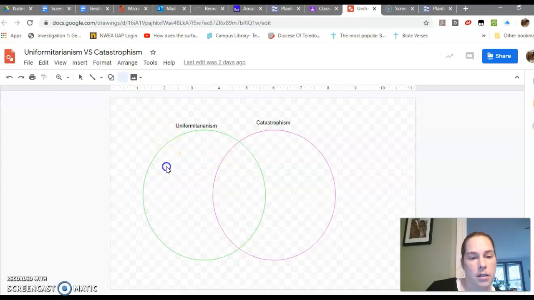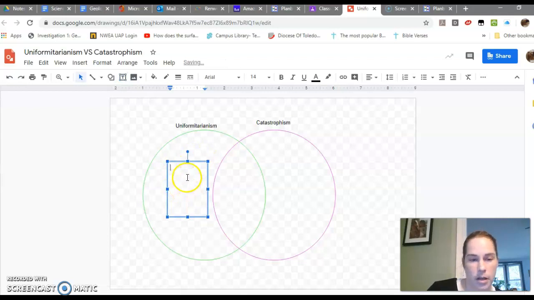I expect 2 bullet points here, information that applies only to uniformitarianism. 2 here, what applies only to catastrophism. And then 2 bullet points here where they overlap. What do they have in common?